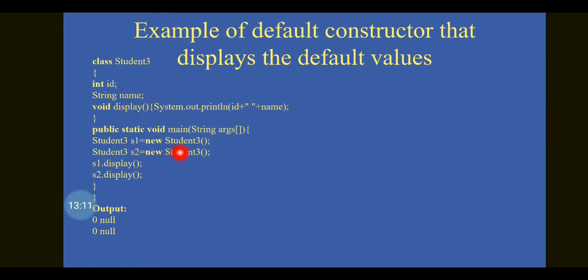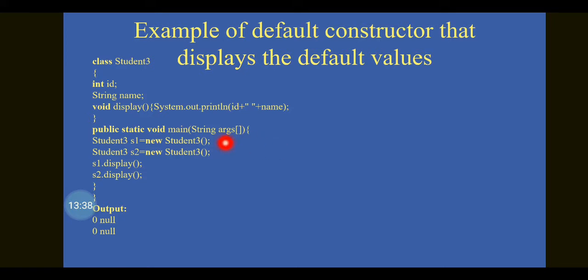Within the main method, let us create objects s1 and s2 with new Student3(), which will call the default constructor. Even though we didn't give any definition for the constructor, the Java compiler will call its own default constructor.